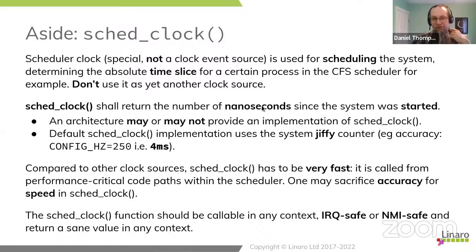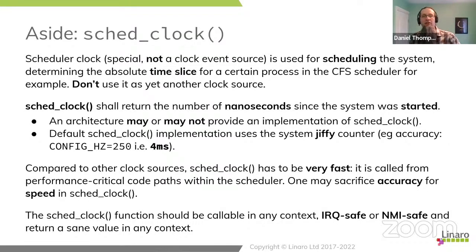So sched_clock is defined to return the number of nanoseconds since the system has started. There is a default based on the jiffy counter, which has very poor granularity. And it's used to measure things like the accumulation of vruntime and other things. And more than that, it can be called from pretty much any context. So it has to be IRQ safe, NMI safe, and so on and so forth, and still give you a sensible value. On ARM systems, the architecture timer meets the criteria to be a scheduler clock anyway, so it tends to be the same clock.